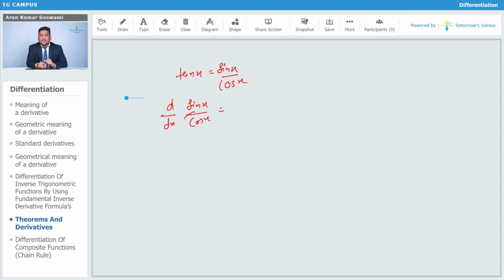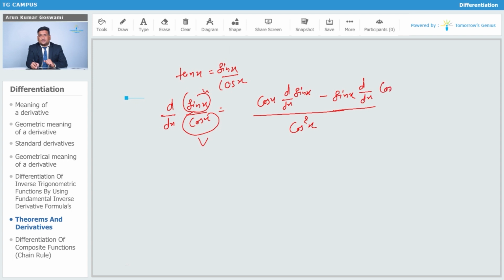It means cos is my v function and sin is my u function. According to the rule, cos square x in the denominator, and cos x as it is, d by dx of sin x, minus sin x as it is, d by dx of cos x.